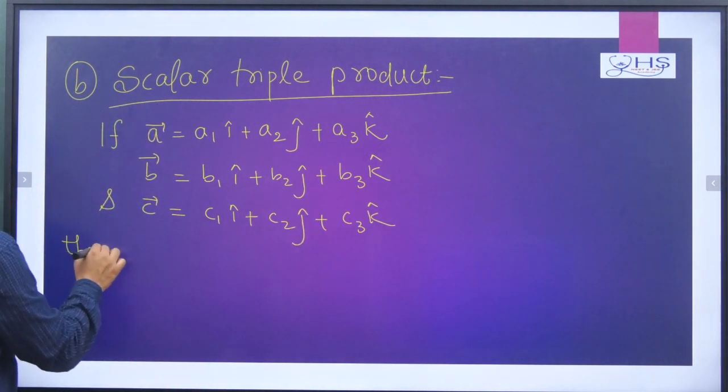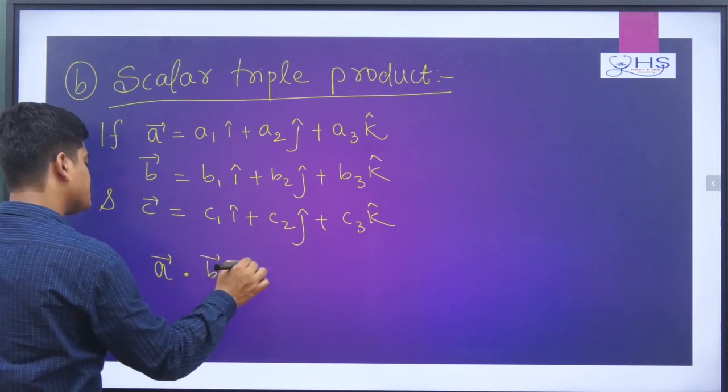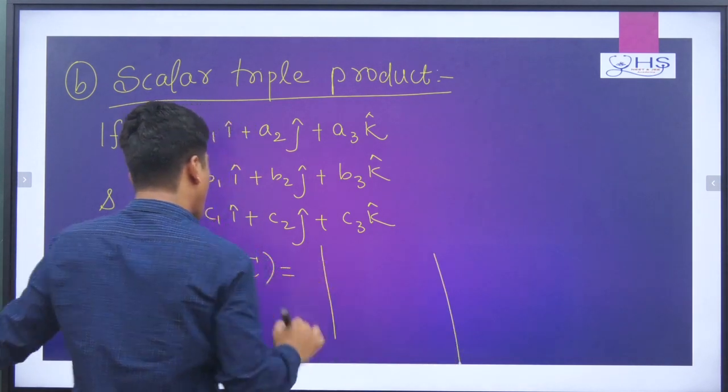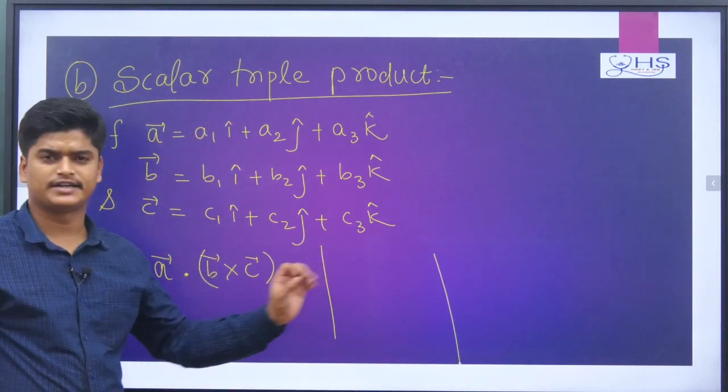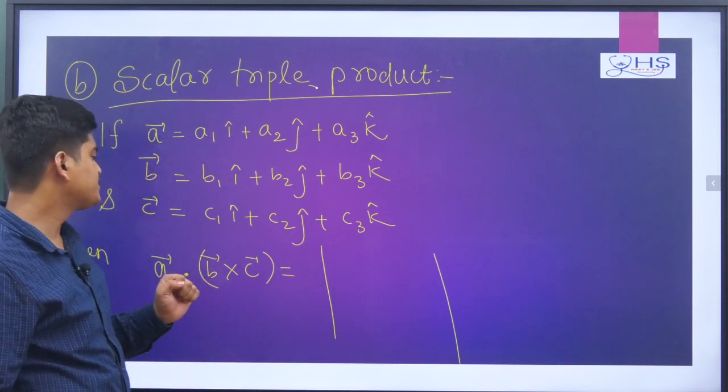Then if I want to find A vector dot B cross C, how much will I get? I will get some scalar quantity. That scalar quantity I will calculate in terms of a determinant. So how to calculate this determinant?